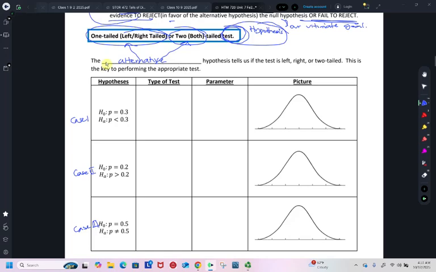In case 1, what do you notice? The alternative hypothesis is the hypothesis that the population proportion might be less than 0.3.